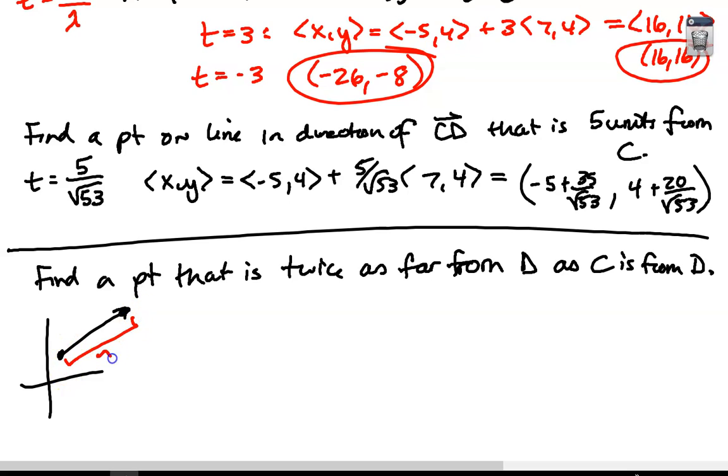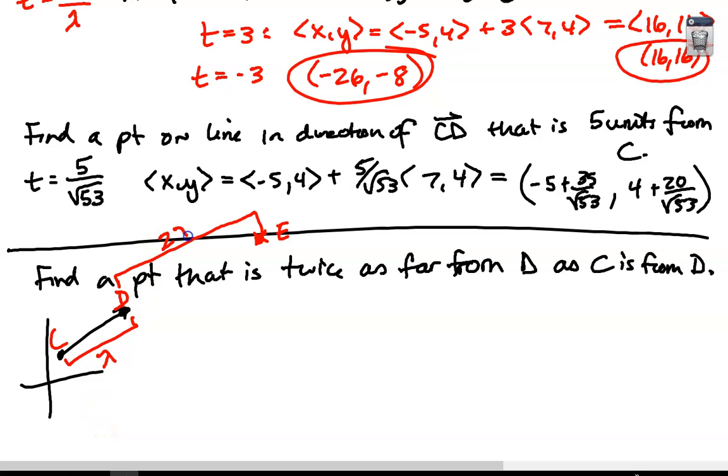C from D is lambda, so that's nice. And we want a point that's going to be twice as far, careful, from D. Here's D. So I need this distance to be twice what this was. That's a little tricky. We'll call this point E. Let's think about that. How far would I need to go from C?